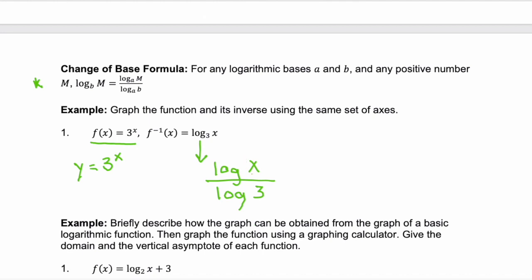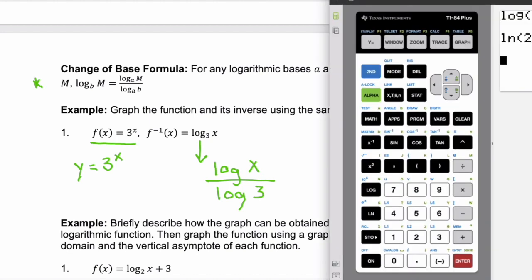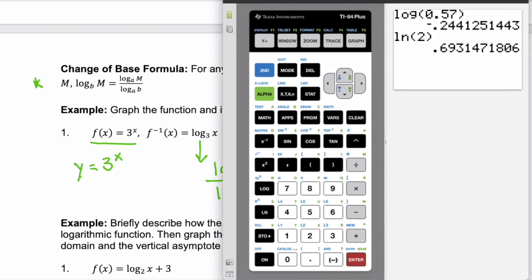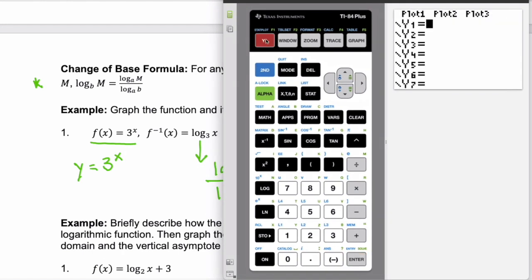Now we can enter both of these into our calculator and graph the function and the inverse function on the same graph. So we'll pull up the calculator. We're going to go to the y equals. Our first graph is 3 to the x, so we're going to put in 3, use the caret key, and then enter our x. Hit enter so we can enter our second.